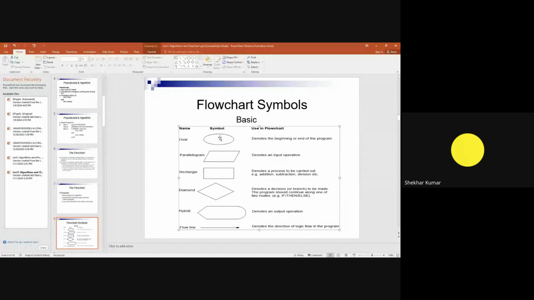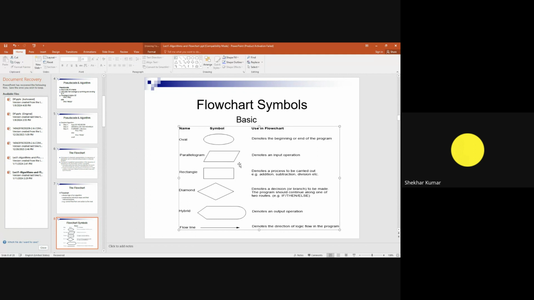The second symbol is the parallelogram. This symbol is used for input operations. If you want to give any input, then this parallelogram is used to give the input value.